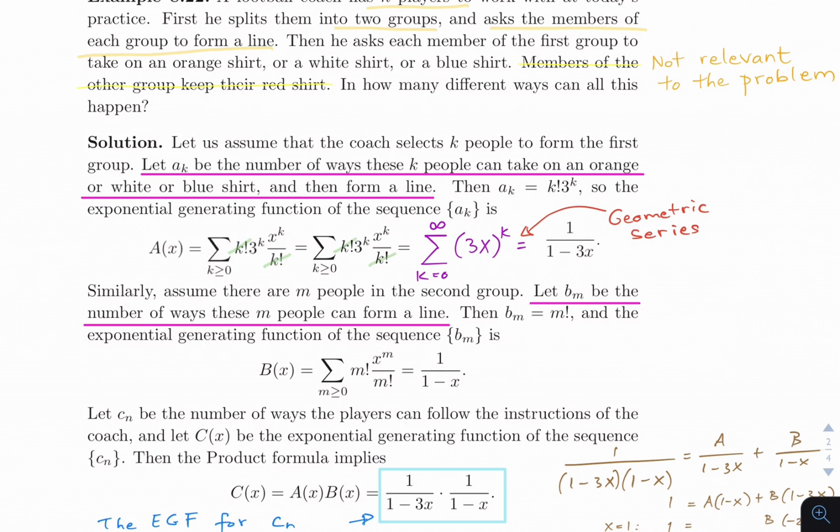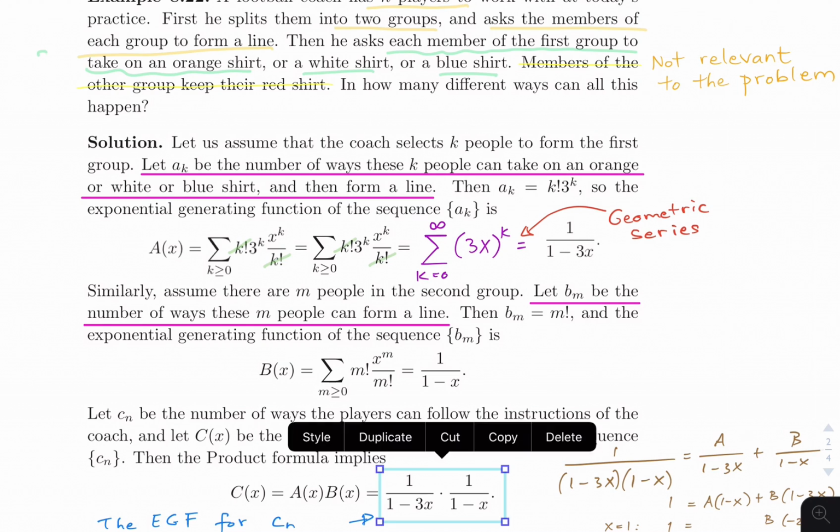For the first group, we would ask each member to choose to take either an orange, white, or blue shirt. So there are 3 options.